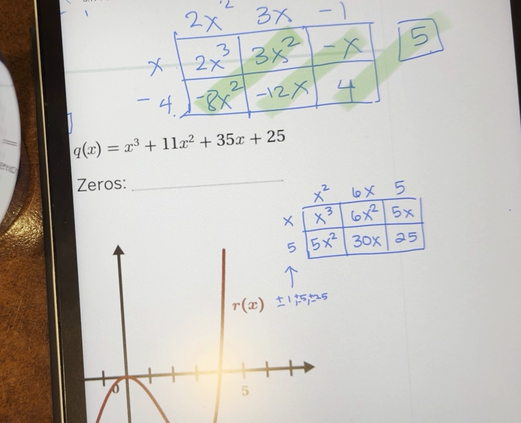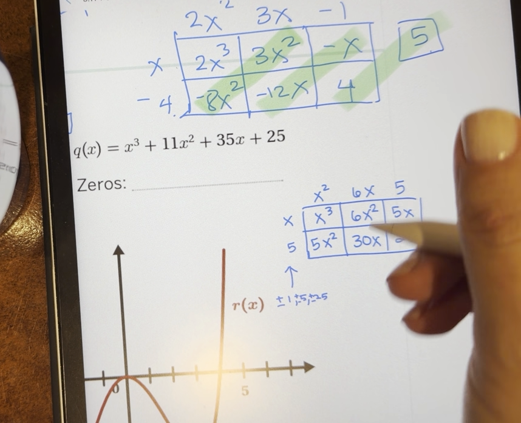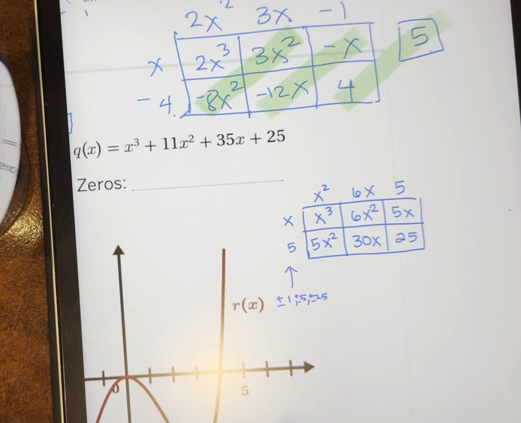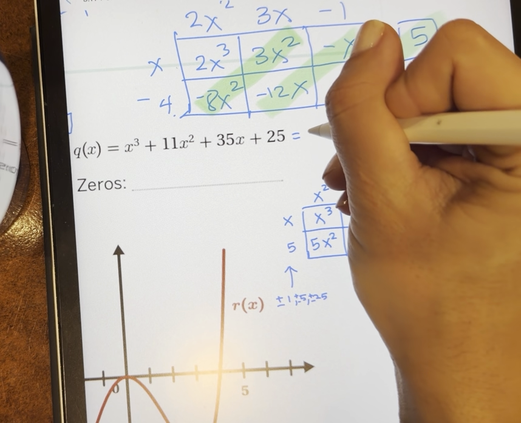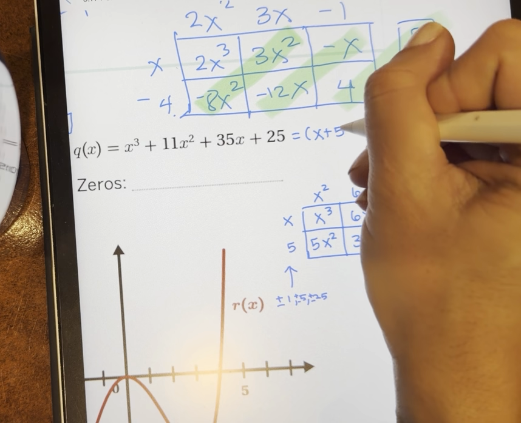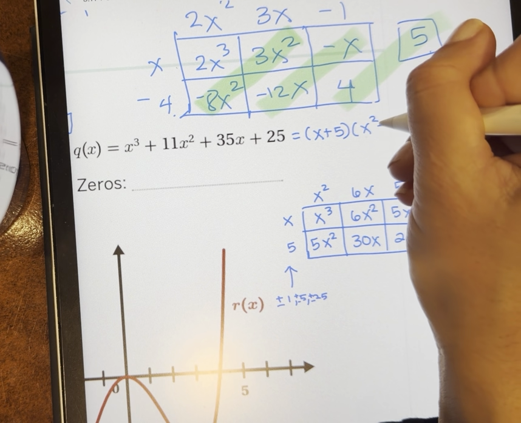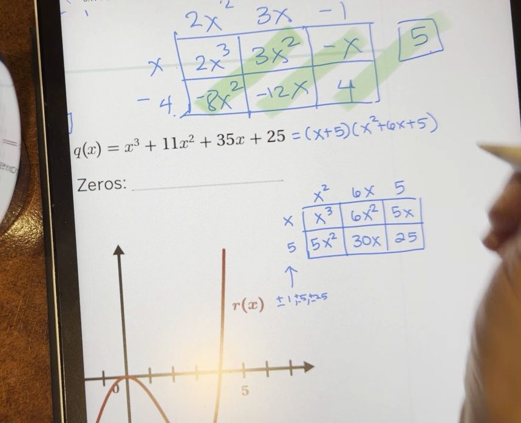Sometimes. So it worked. X plus 5 was a factor. That means that I just discovered that this cubic polynomial factors into x plus 5 and x squared plus 6x plus 5.